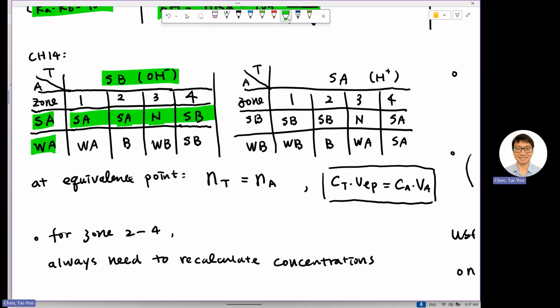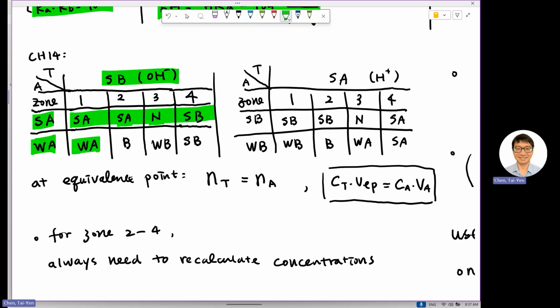Zone number 1: without adding any titrant, without adding any strong base, all you have is a weak acid solution. But once you start adding your strong base, before you reach the equivalence point, this is your zone 2. Every time you add a strong base, it consumes some of your weak acid and at the same time produces its conjugate base.